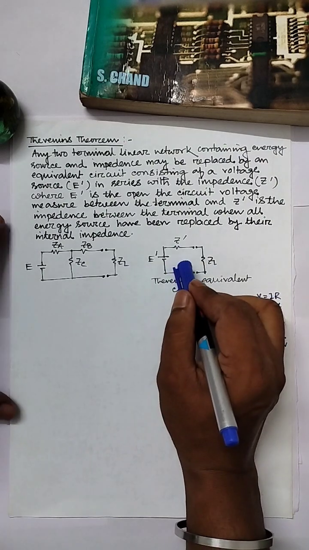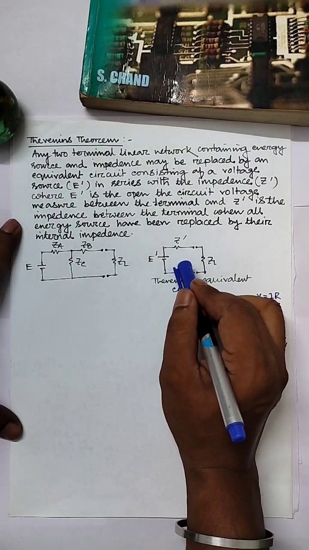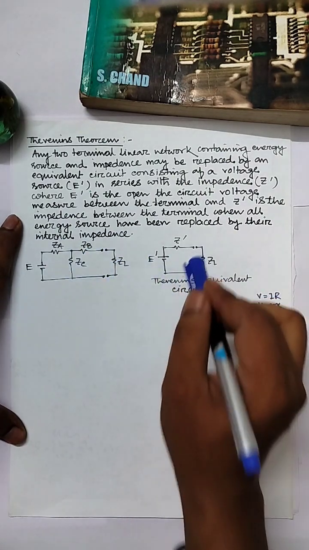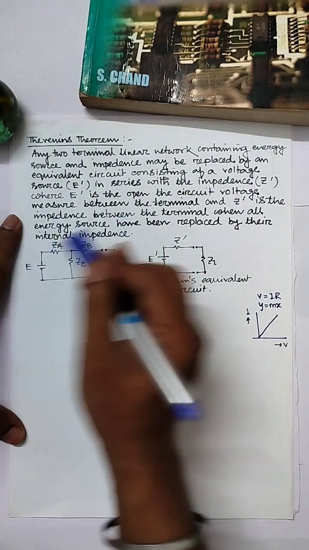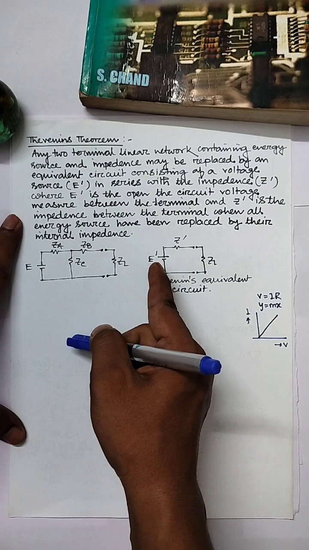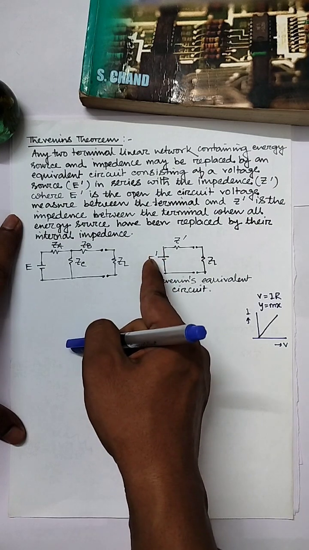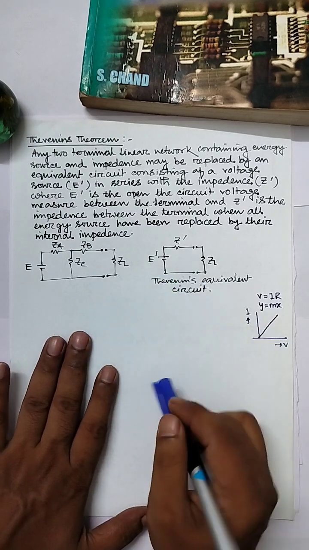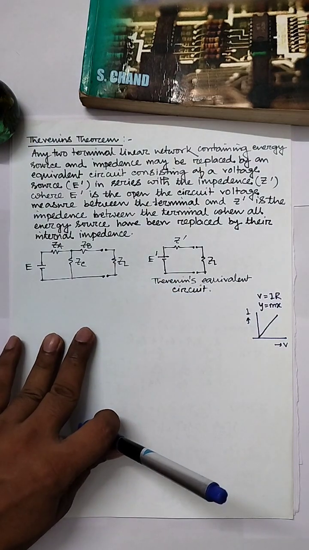So by using Thevenin's theorem, we can convert a complex circuit into a simple circuit containing a single energy source and a single impedance, and this circuit is called the Thevenin equivalent circuit.